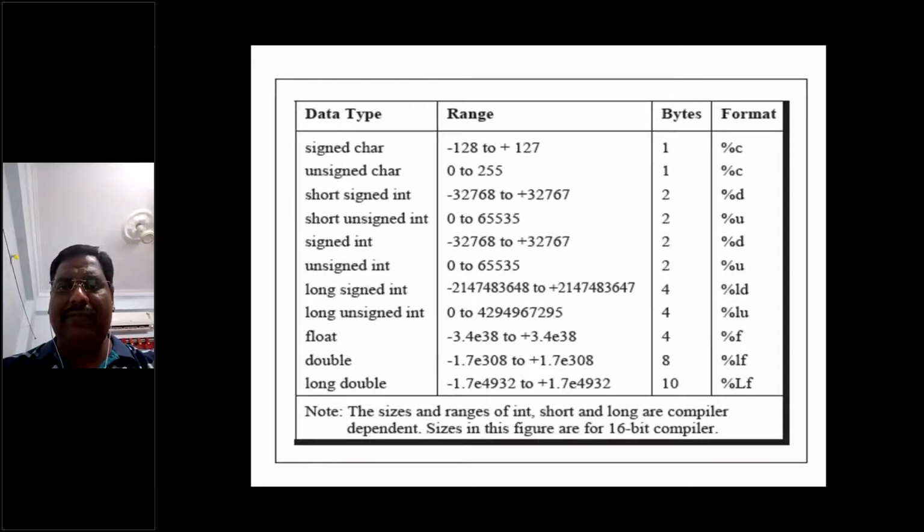Double is %lf, whereas float is %f. Long double is %Lf.